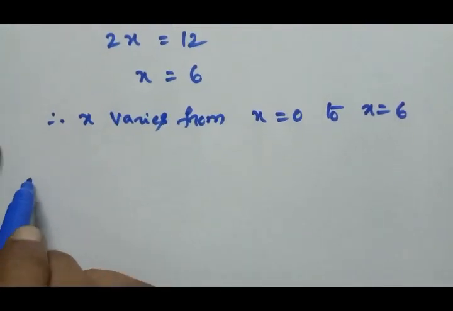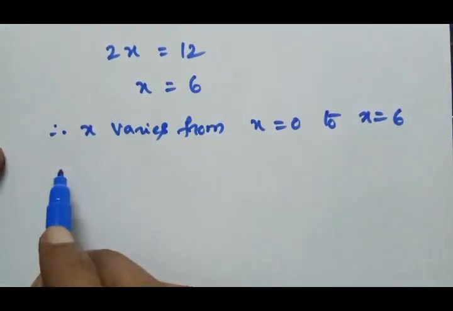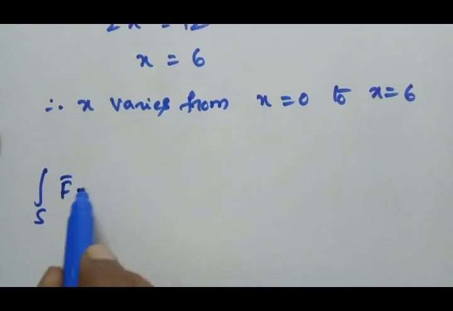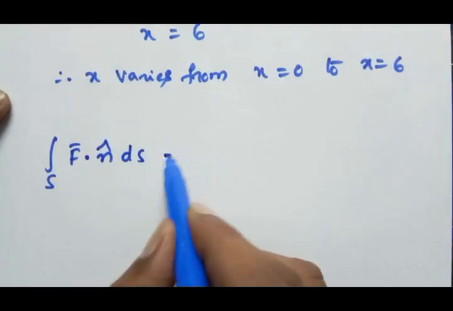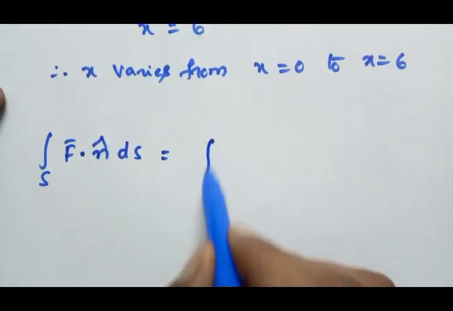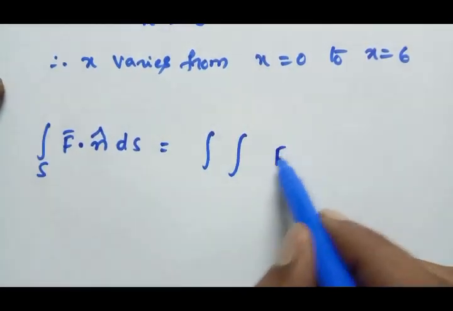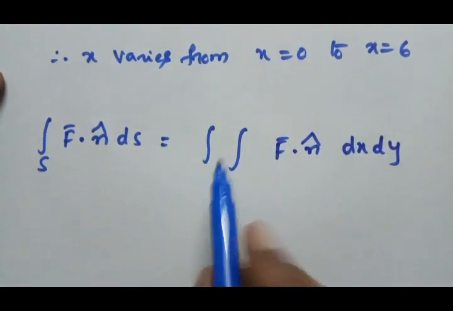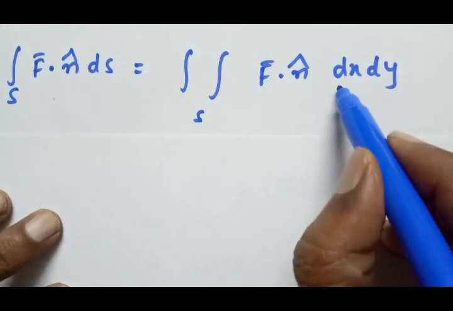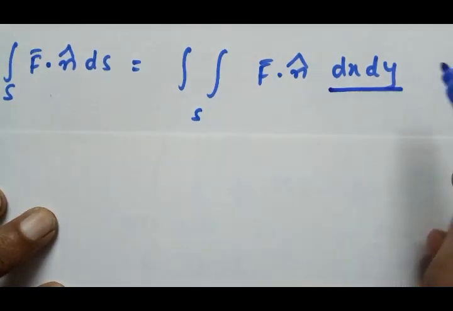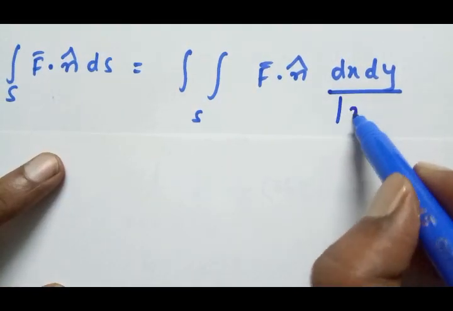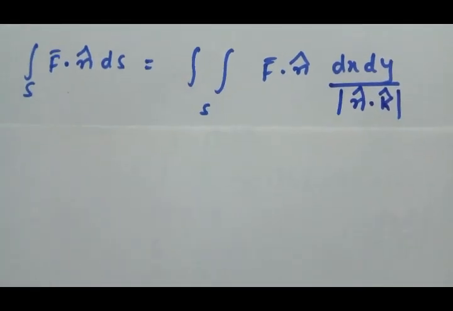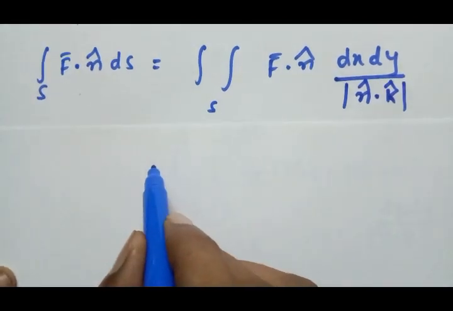Now evaluate the integral over S of f bar dot n cap dS. This is equal to the double integral of f bar dot n cap dx dy by modulus of n cap dot k cap.